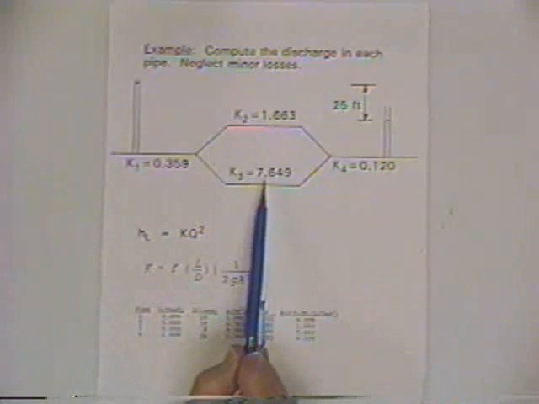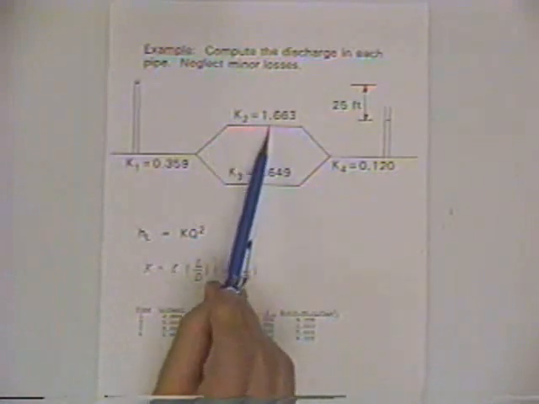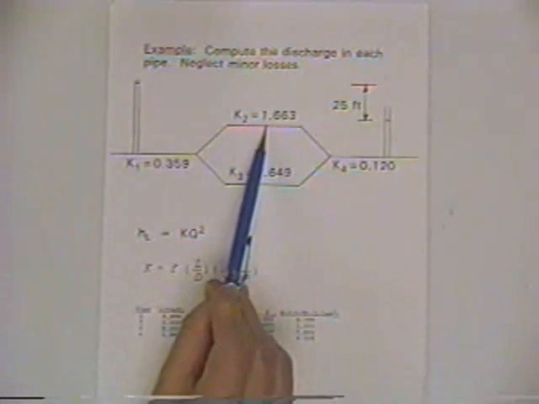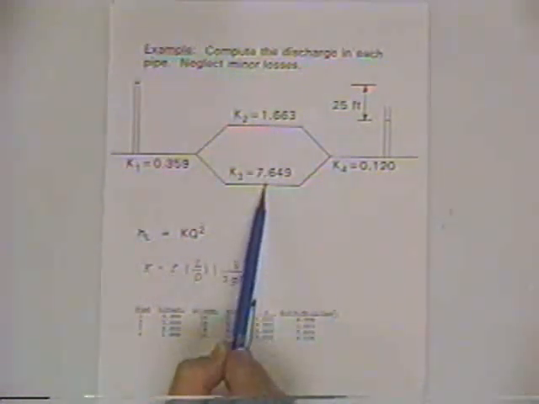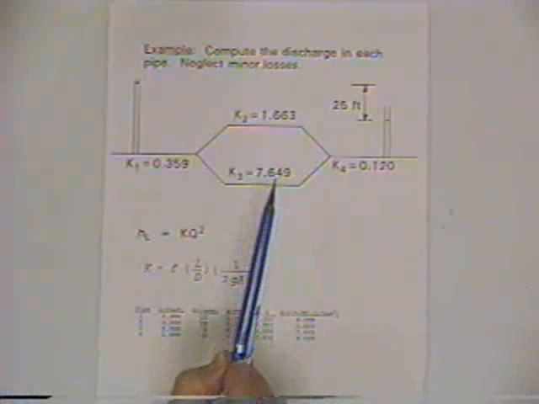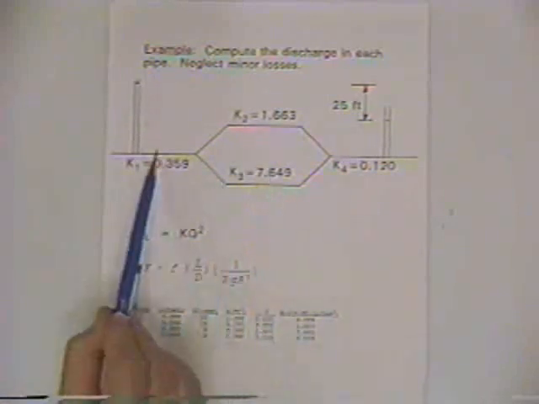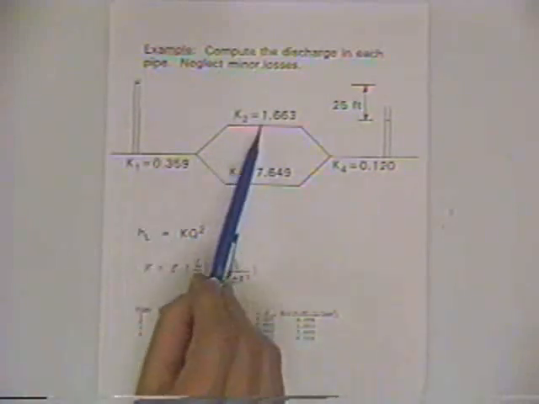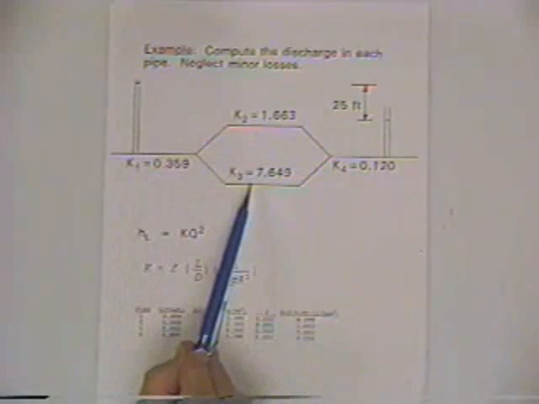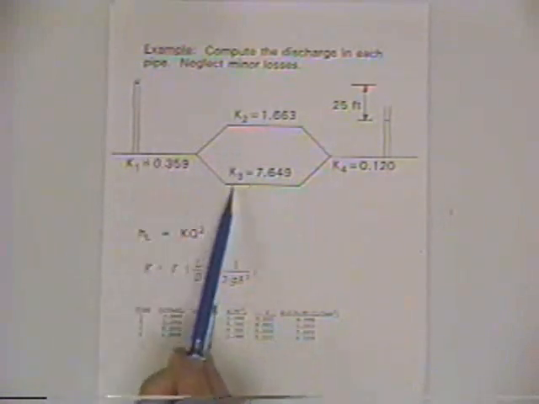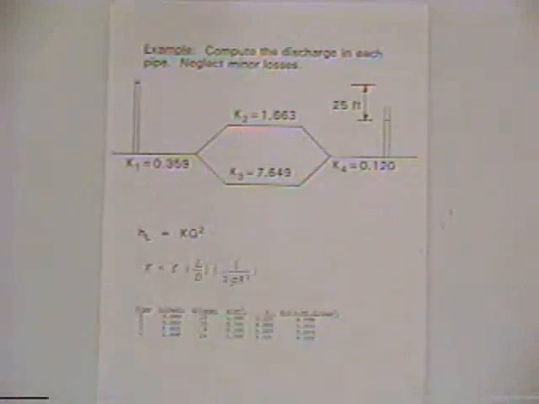And using that concept, we're going to figure out that the discharges are different, but we're going to relate the discharge in one pipe as just a constant times the discharge in the other pipe. And then after we do that, we're going to say the discharge in this pipe is equal to the discharge in the two pipes summed, and that's going to give us a relationship between the discharge in this pipe and whichever one of these we choose.